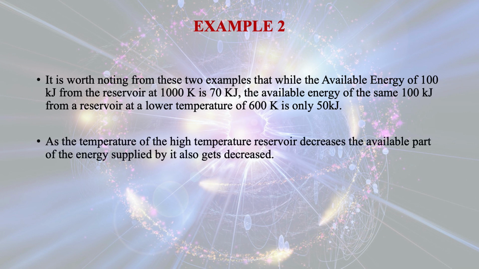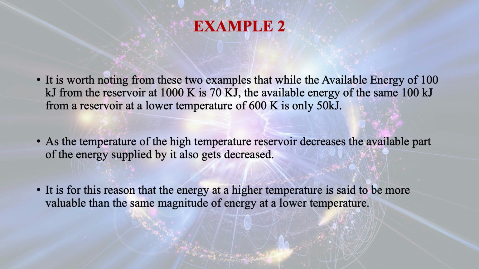As the temperature of the high temperature reservoir decreases, the available part of the energy supplied by it also decreases. It is for this reason that the energy at a higher temperature is said to be more valuable than the same magnitude of energy at a lower temperature.